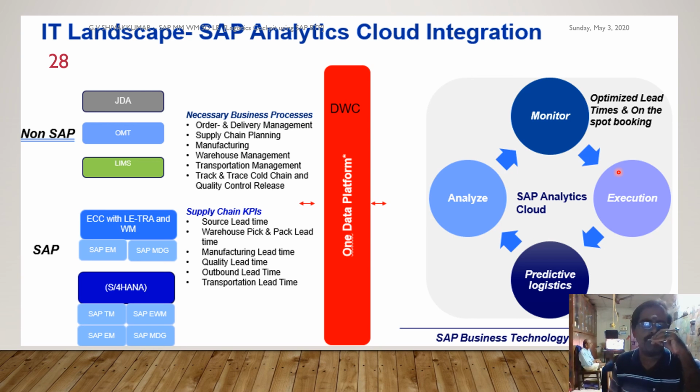SAC is a part of BTP, right? So how to bring the end-to-end logistic cockpit design using BTP? That is very important to optimize the supply chain KPIs, which will give the on the spot booking and give goodwill to the end customer on the manufacturer or the pharma company who is doing this business.